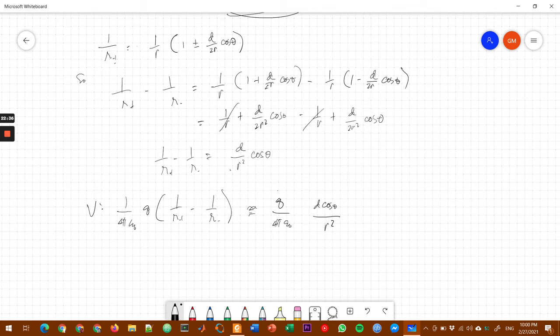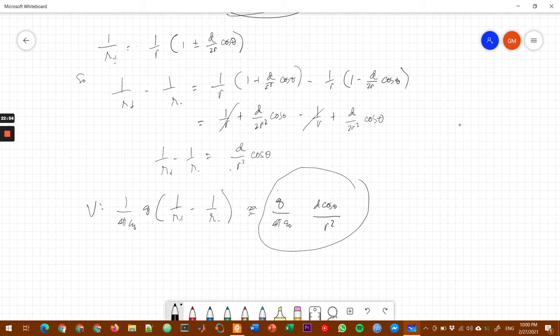Take a look at the formula for the dipole. Is it the same as the potential for one point charge, the monopole? Actually, it's different.